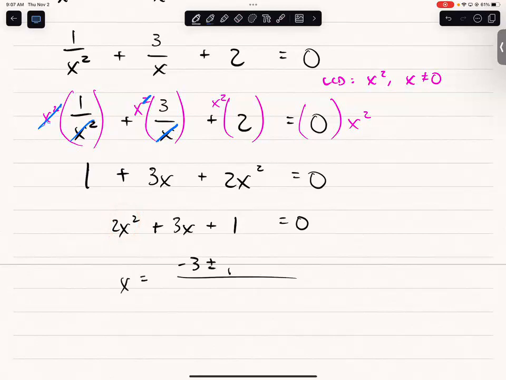Negative b plus or minus the square root of b squared minus 4ac over 2a. So that's 9 minus 8.